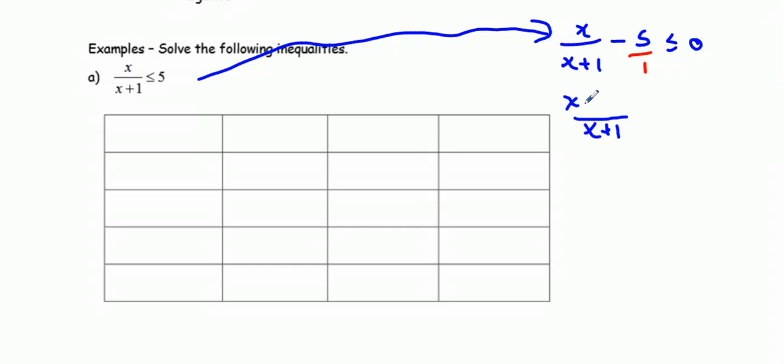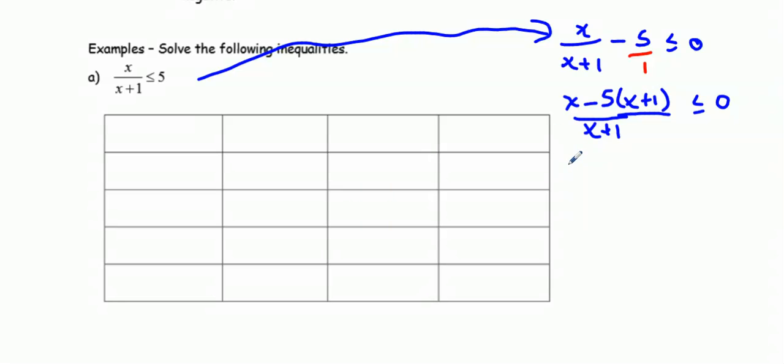And then over here, you've got minus 5, but that has to be multiplied by x plus 1 to get the common denominator. So it's going to be minus 5 bracket x plus 1. If you don't put the bracket in, you're going to be in trouble, okay? Because you would have minus 5x plus 1. You'd have the wrong sign.